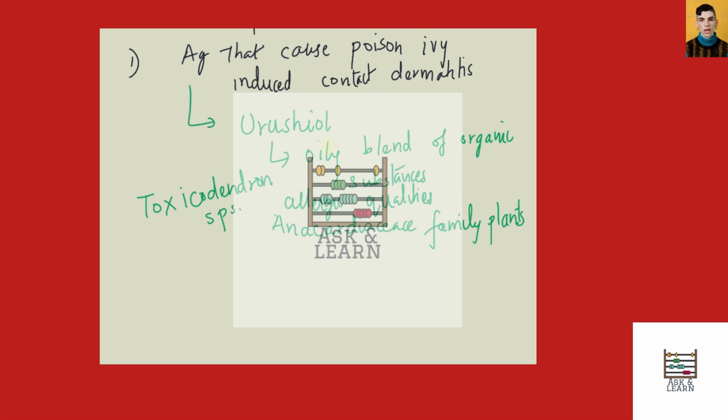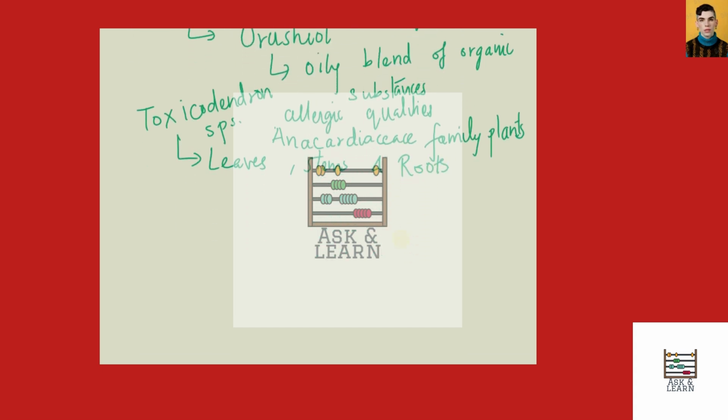Ultimately the rash is going to appear, and the leaf, stem and root of the poison ivy contain these viscous substances.